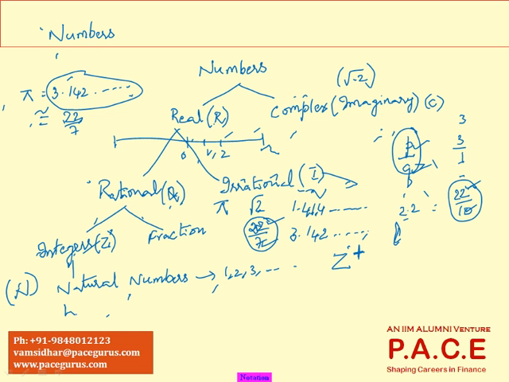Then we also have a world of whole numbers, which is nothing but the group of natural numbers plus a zero also is included. So starts from 0, 1, 2, 3, so on up to infinite.